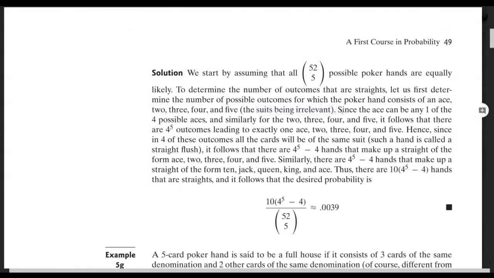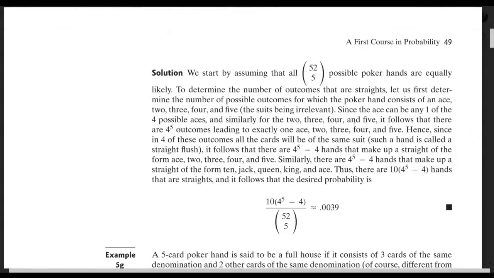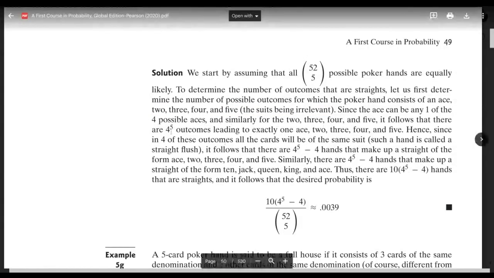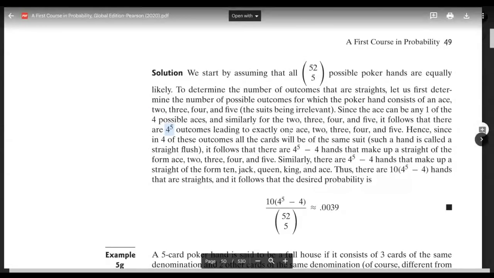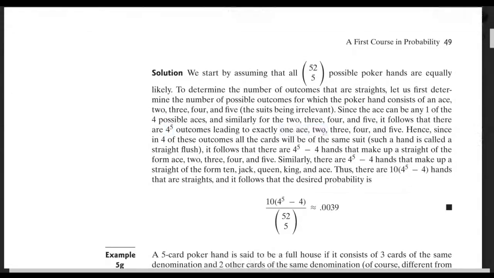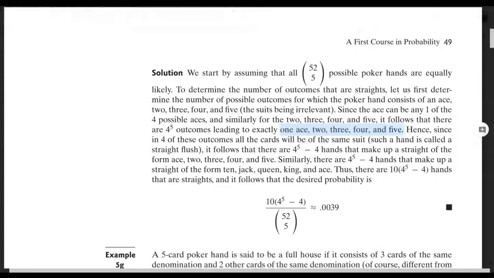Since the ace can be any one of the 4 possible aces, and similarly for the 2, 3, 4, 5, it follows that there are 4 raised to the 5 outcomes. So for the consecutive hand of ace, 2, 3, 4, 5, how many outcomes? 4 to the power of 5.